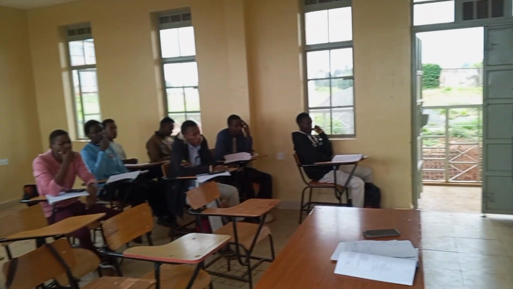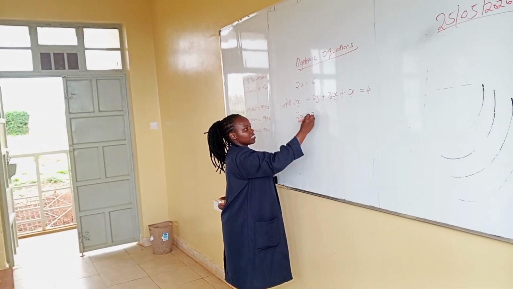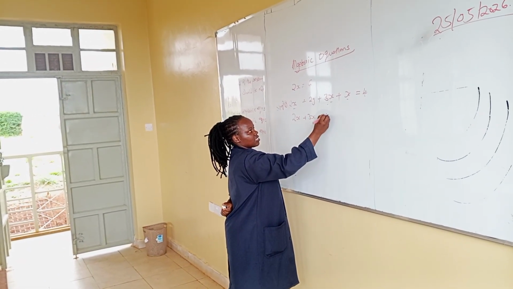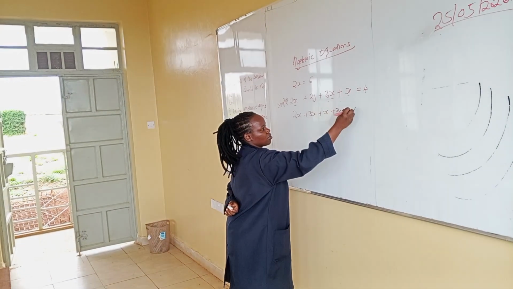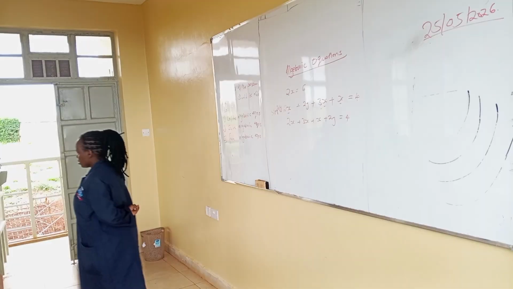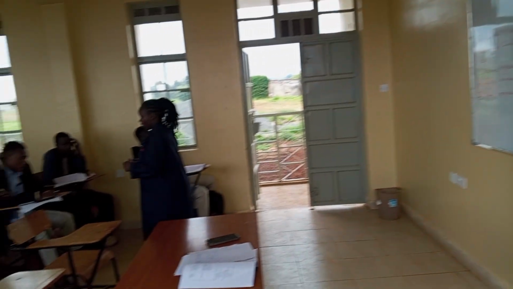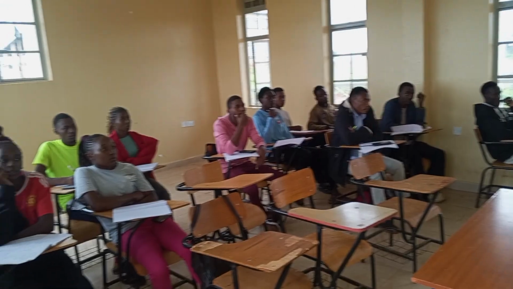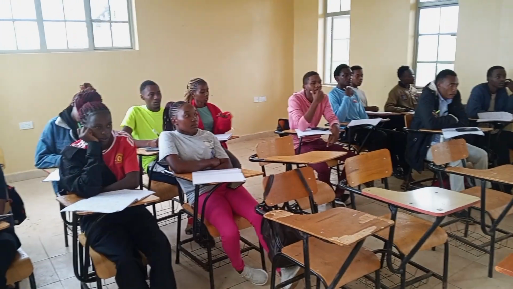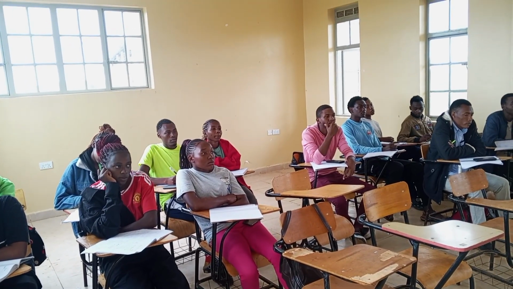Zenye zinafanana ni gani? Zenye ziko na unknown value which is the same. So you have 2x plus 3x plus x plus 2y is equals to 4. Simplifying this, you can be able to get a simplified algebraic equation. If it is something that comes up to have simultaneous or a quadratic equation, then we solve using the formulas that we said.